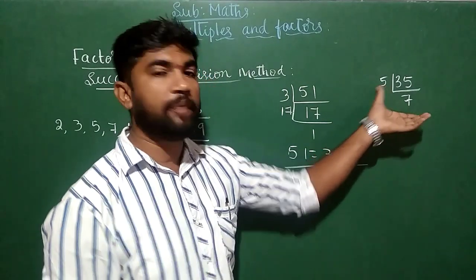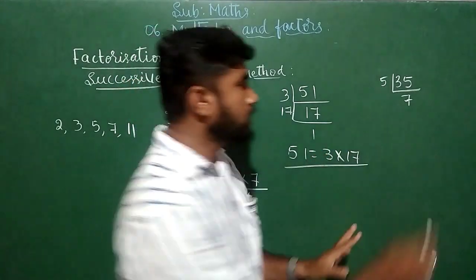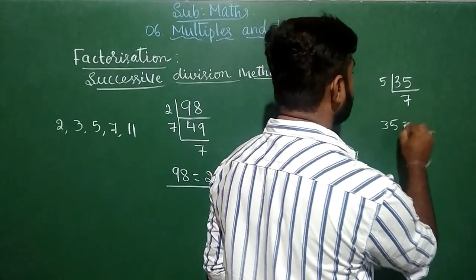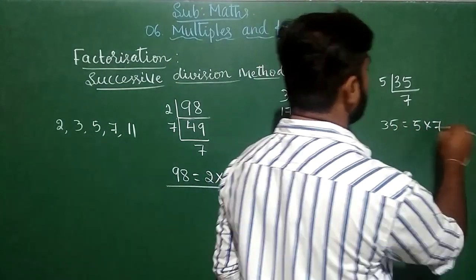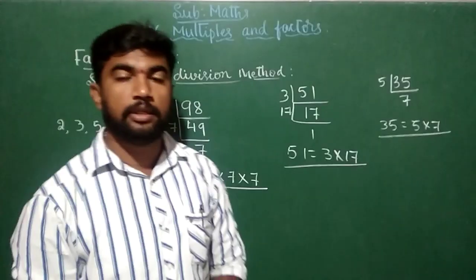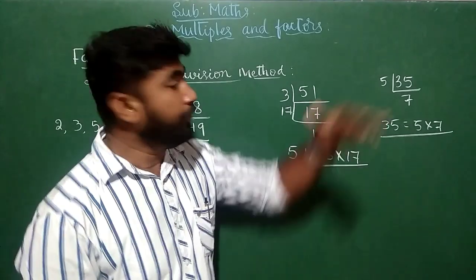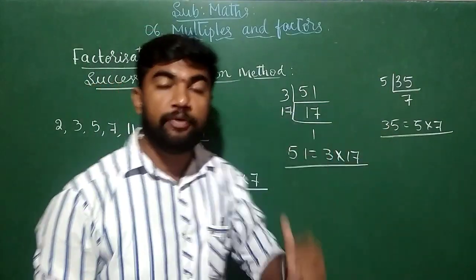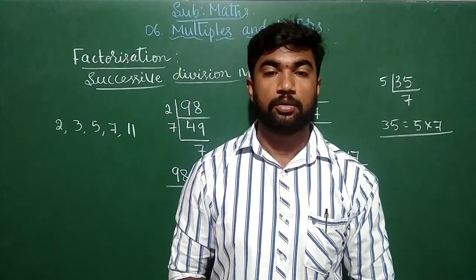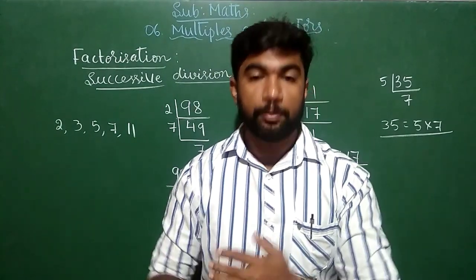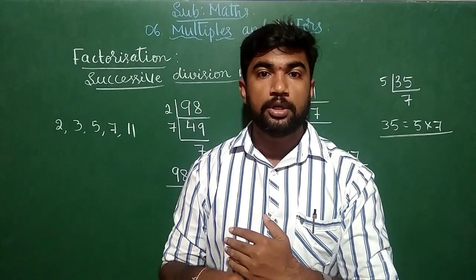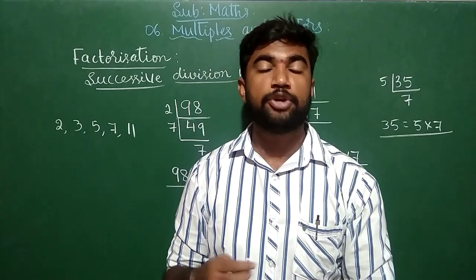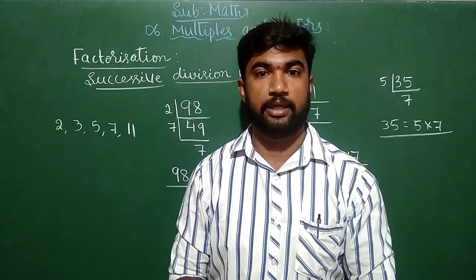Again we got prime numbers. So 35 equal to 5 into 7. This much only. But we need to divide the number until we are getting the prime numbers, then only we can stop the problem. So this is the successive division method to find the prime factors.